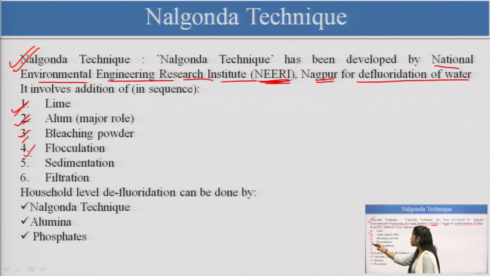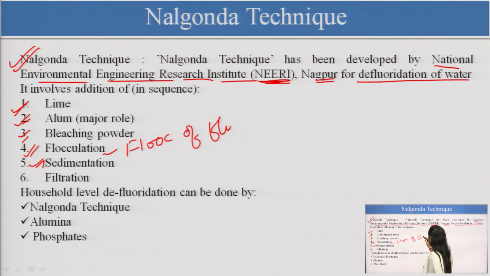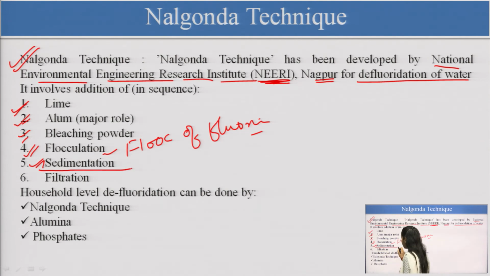Flocculation is also one technique. Then we can do sedimentation by making flocks of the fluorine. When these flocks form, the size will be more, the particles will be heavy, and they will ultimately sediment. When they sediment, we will filter it. These are some of the steps we can follow to defluoridate the water.